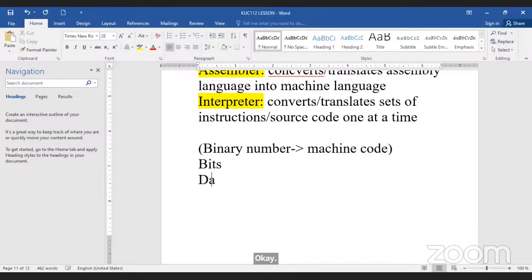So let us have a look at what's called data representation. How is data represented in a computer?